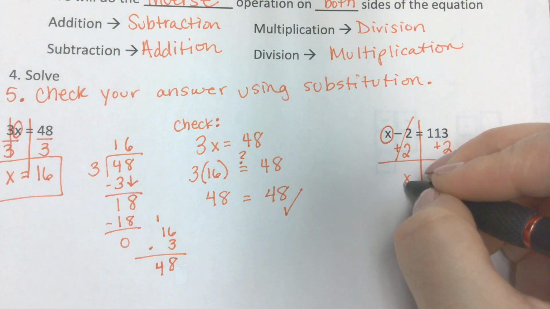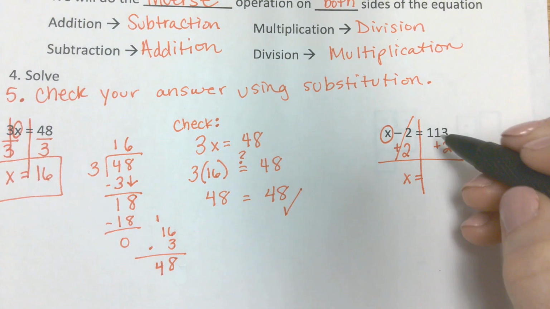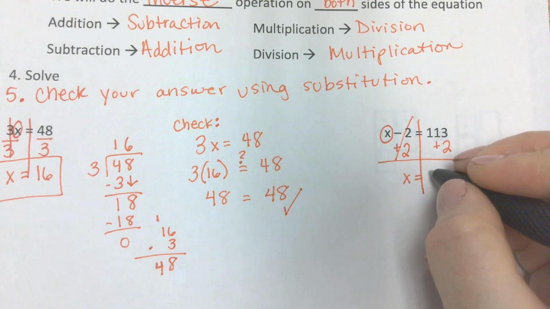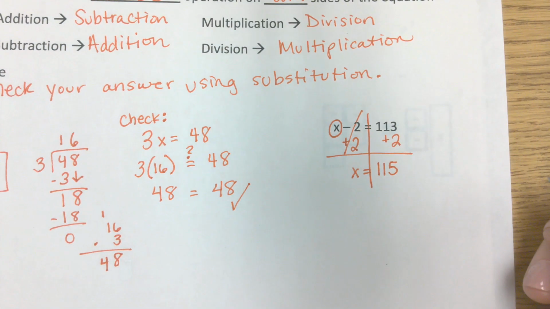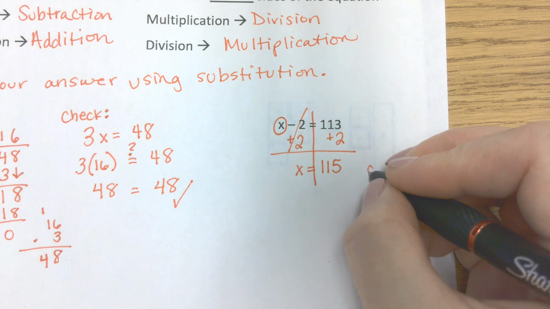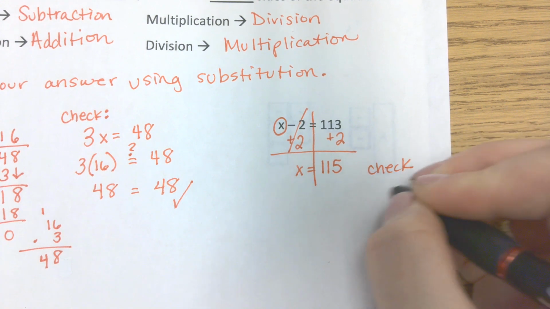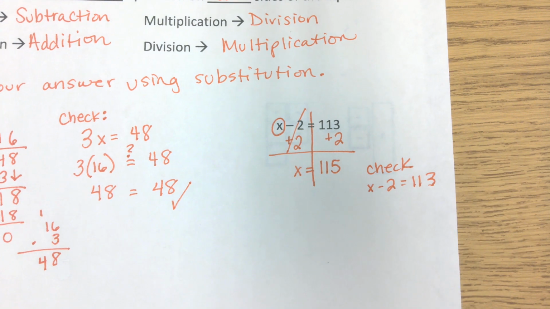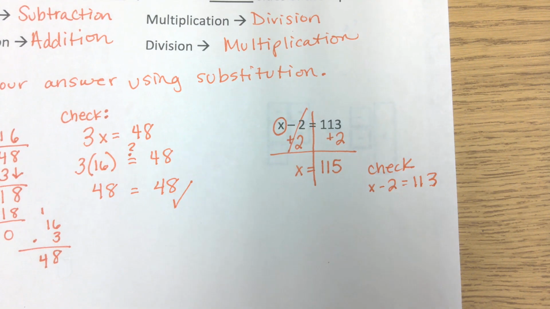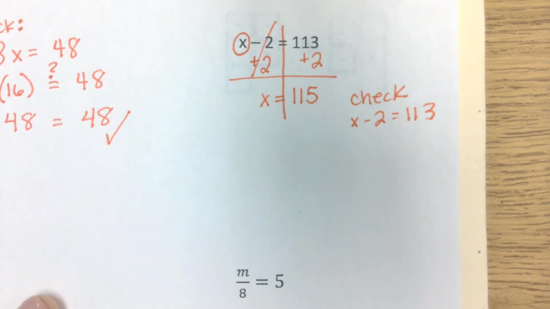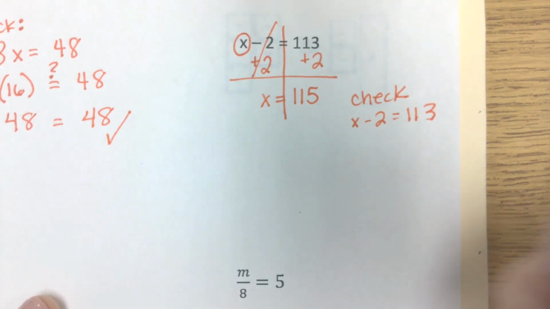So now we say x equals 113 plus 2? 115. Before we say that's our answer, let's go ahead and write the word check. And let's write the original equation. And then substitute it in.